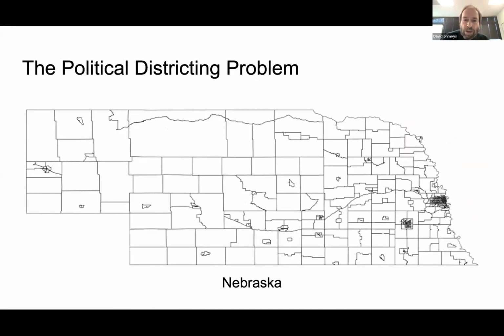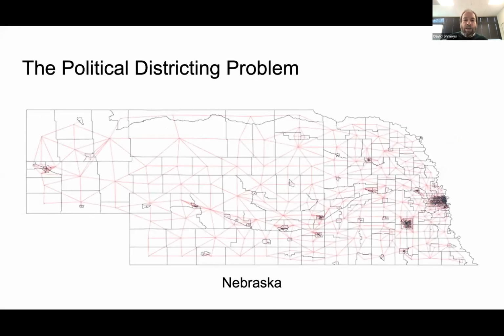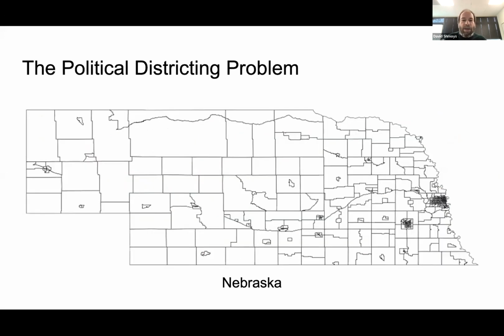But now let me give a more mathematical formulation of the problem at hand and introduce some of the notation I'll be using throughout for what I'll abstractly call the political districting plan. So we have a collection of basic geographic units.